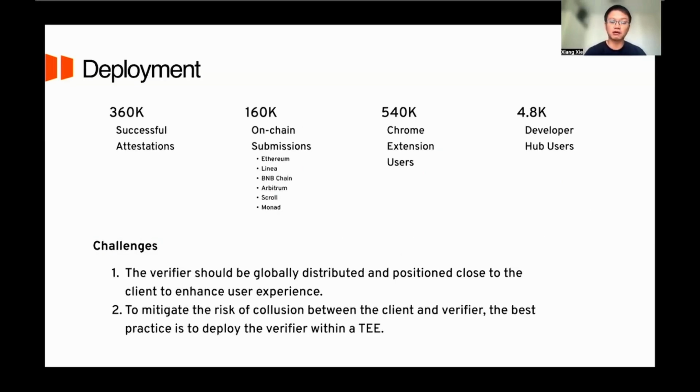We have deployed our product a few times. We already have more than 360K successful attestations, where users proved their data. And 160K of these attestations were submitted to different blockchain systems, like Ethereum, Linea, BNB, Scroll, Monad.